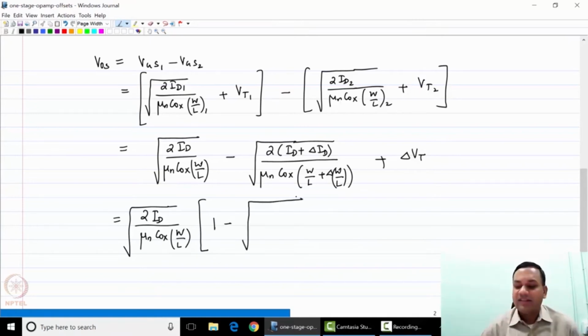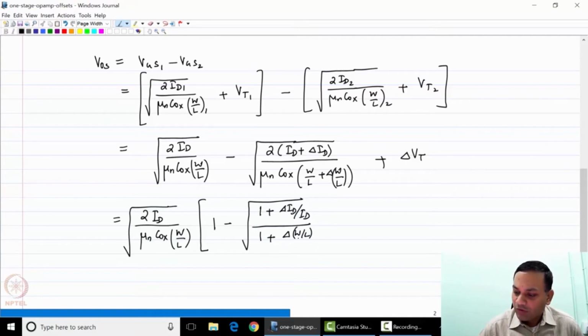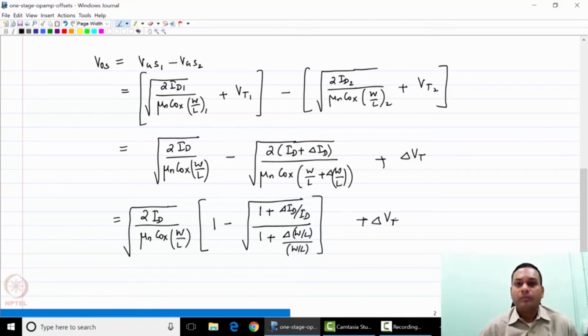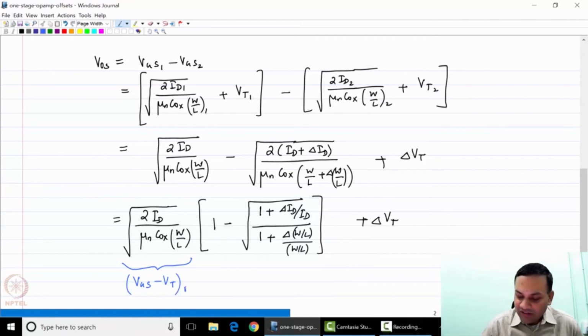So the second factor would be root of 1 plus delta ID over ID, over 1 plus delta W over L over W over L. So please note that this particular term here represents the nominal VGS minus VT, or VD sat, of the device.